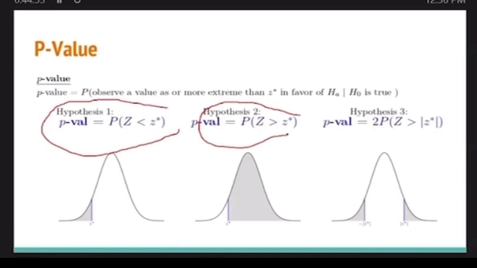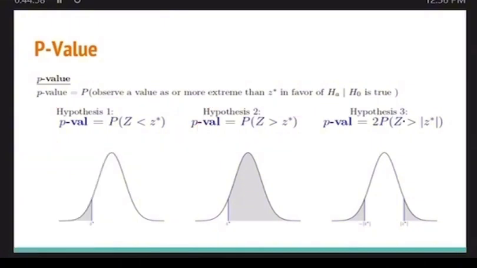Then how do I test a hypothesis for two-tail? For two-tail, how do I get the p-value? The p-value is going to be 2 multiplied by the probability of z greater than the absolute value of the test statistic. Whether your test statistic is negative or positive, we actually want it to be positive. Does that make sense?